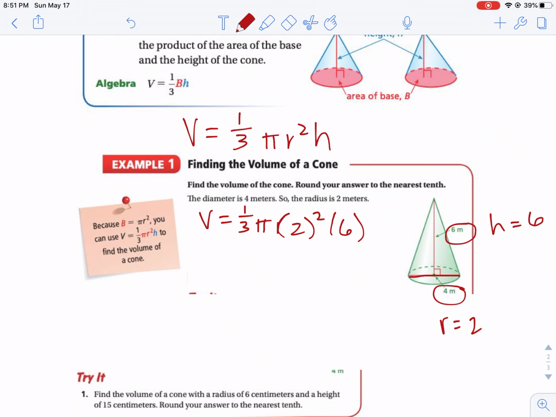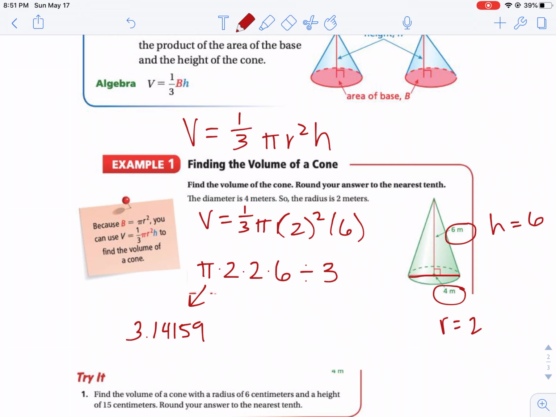Now to do this on your calculator you need to do 1/3. You can do this a couple ways. You can take pi times 2 times 2 times 6 and then divide by 3. Dividing by 3 is the same thing as multiplying by 1/3. You guys did good with this the other day, but you're going to use pi as 3.14159.